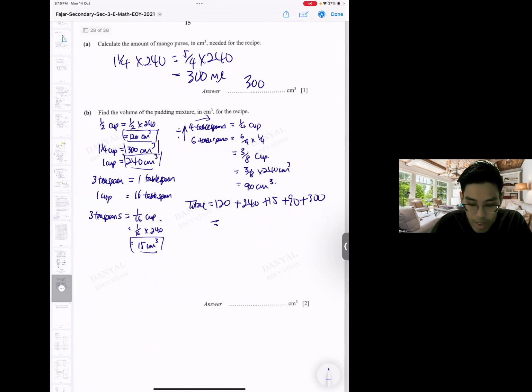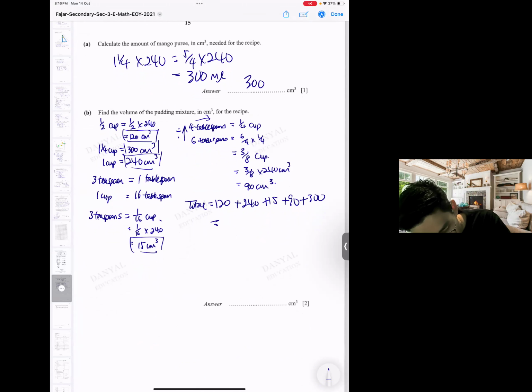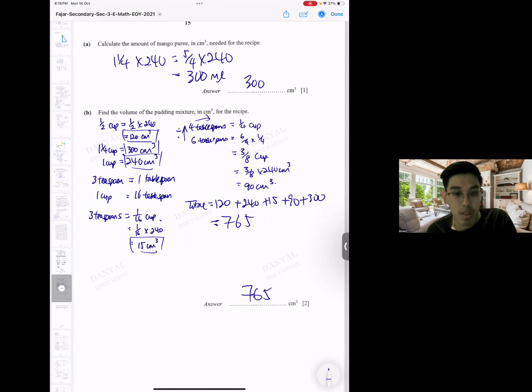So let's solve for the final volume. 120, 240, 15, 90, 300. That gives 765 cm cube. Woo! That's a lot of work.